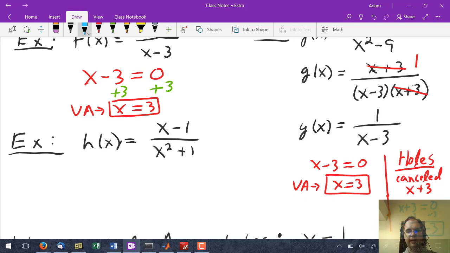That's just a little bit of an extra thing that you might notice on the homework. But again, to find the vertical asymptotes, the most important thing to understand from this section comes exclusively from setting the denominator equal to 0. So just keep that part in mind for the most part. If it asks you about holes, then what it's asking you to do is take that piece that you crossed out from up above, go to the side, set it equal to 0, and then solve that part for x.